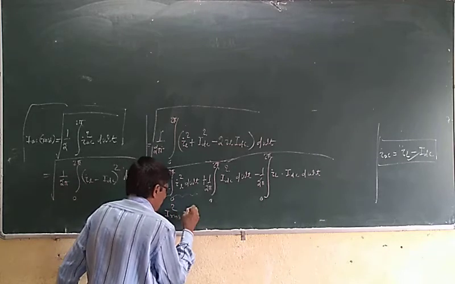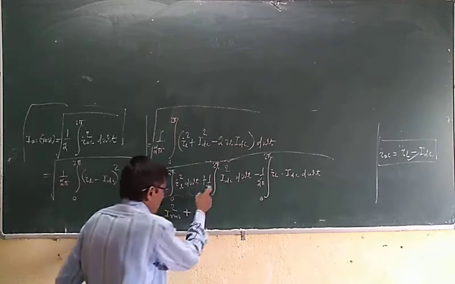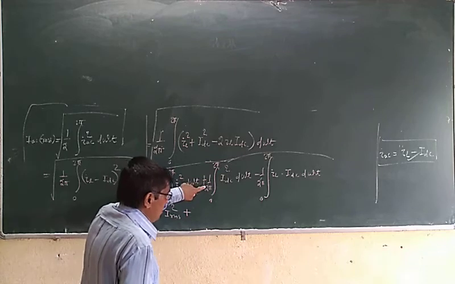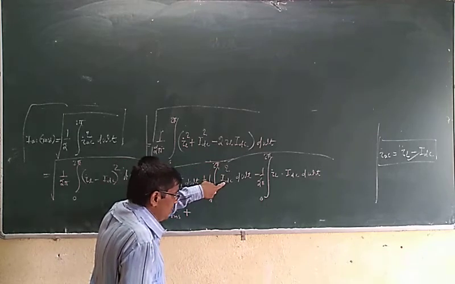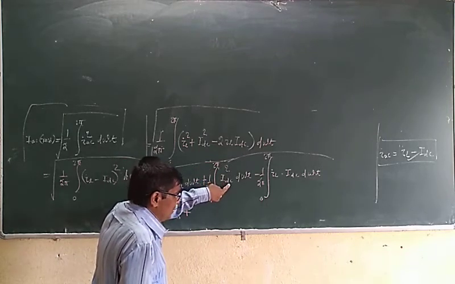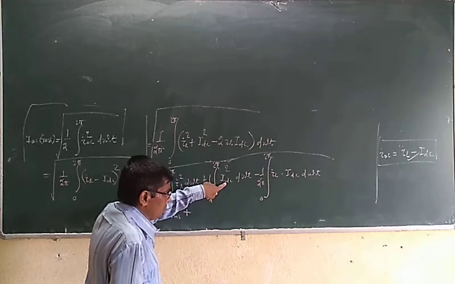Now plus 1 by 2 pi, 0 to 2 pi, I dc square, that is the dc current, it is the constant term.